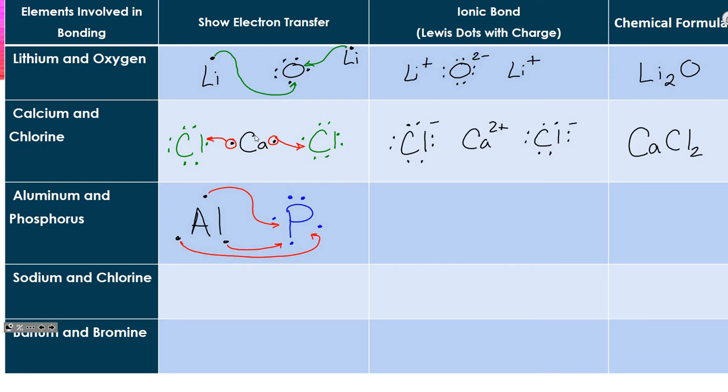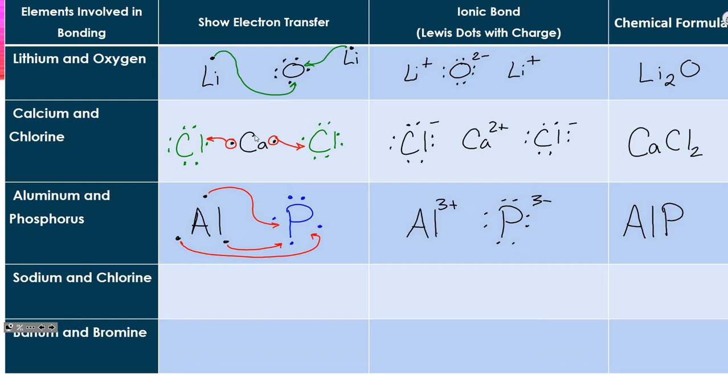But aluminum is going to have a 3 plus, and when I draw phosphorus, I'll have 8 around it, and it'll have a 3 minus. Those still add to equal 0, so what's my formula? AlP. I just need one of each, right?